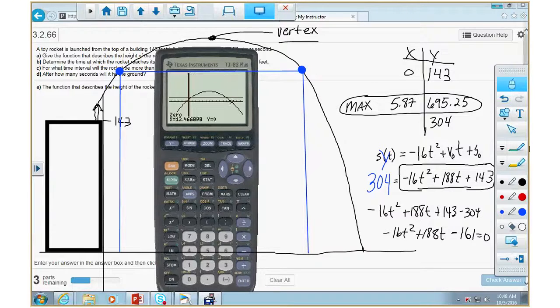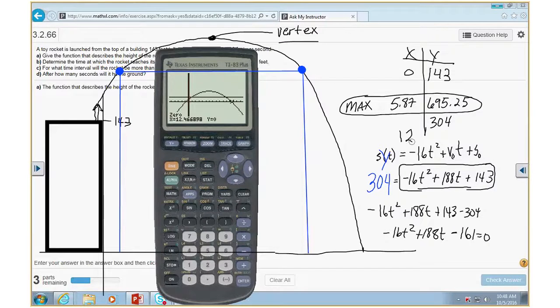And there is 12.5, comma, 0. That's how many seconds. So when does it hit the ground? It hits the ground at 12.5 seconds.